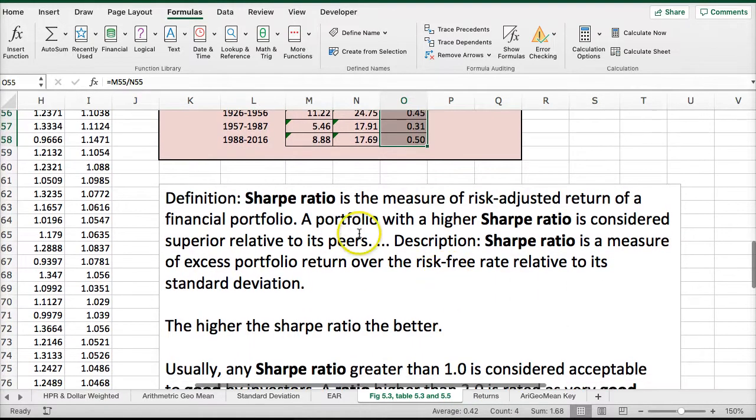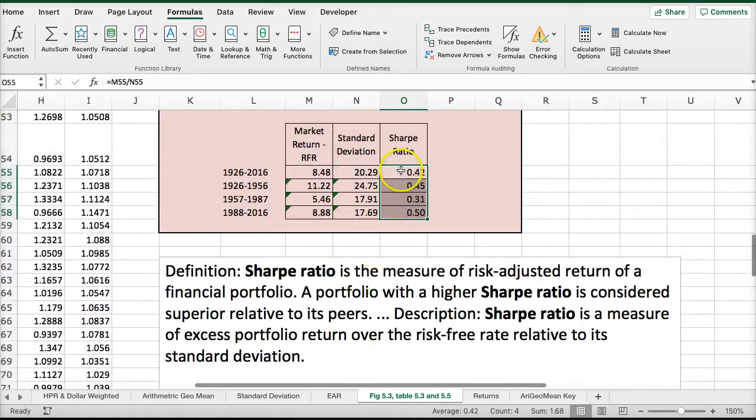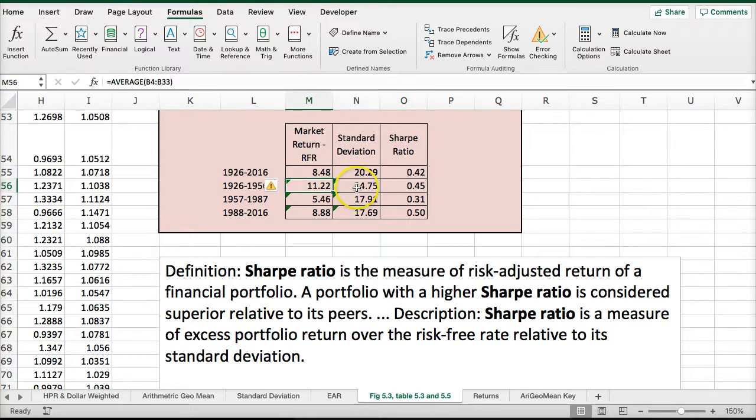But the Sharpe ratio, I just put this little note down here so you understand. The higher the Sharpe ratio, the better. So I would say, based on the Sharpe ratio, this is the best period of time. And you can also see it has the highest market return, but also the highest standard deviation.